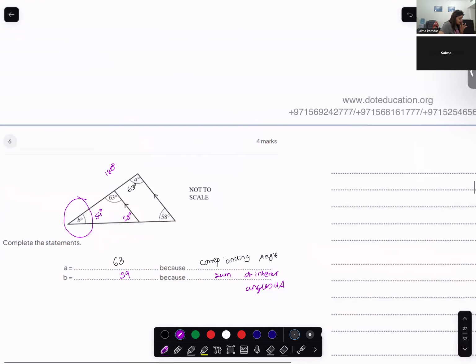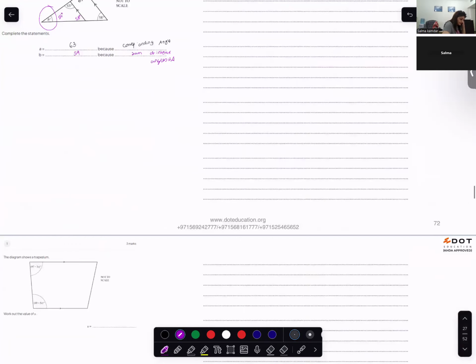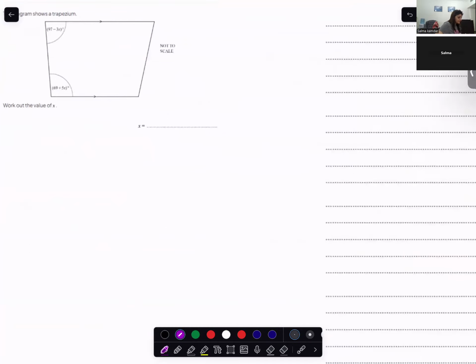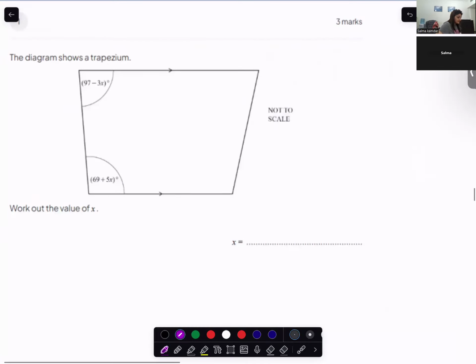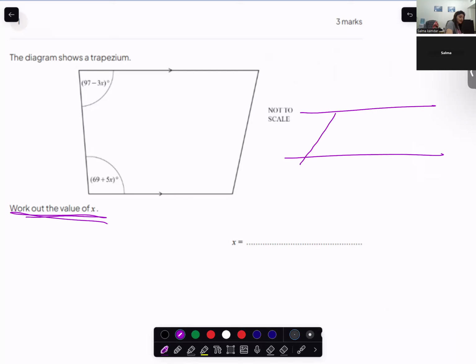Again, what you will do, you will pause the video, go to the next sum. This is a trapezium and they want me to work out the value of x. You will first pause the video, try to do, then you will do it. Now, if you know a trapezium is a quadrilateral between two parallel lines, that means this line is parallel to this line.